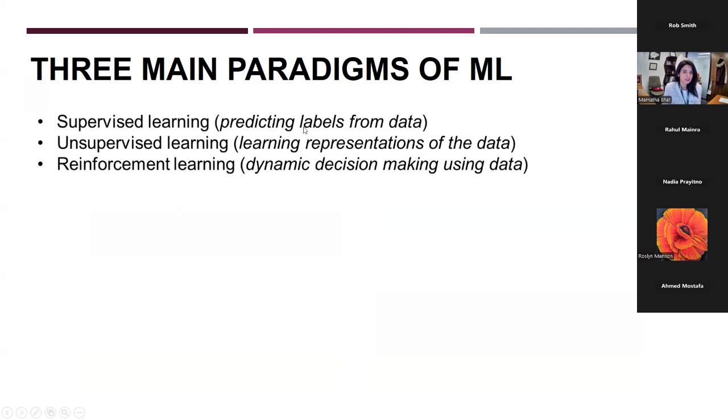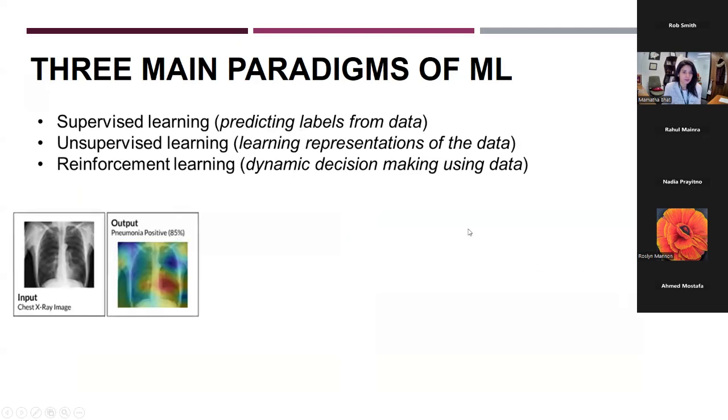So supervised learning refers to predicting labels from the data. For example, you have a model that is trained on data that is labeled. And so this will allow you to determine for any new data point that is shown to the model, what is the label?